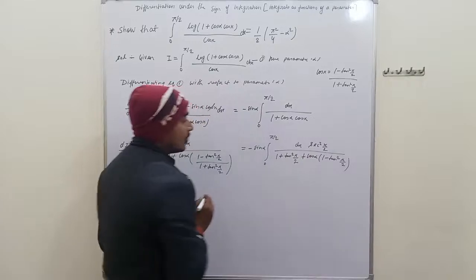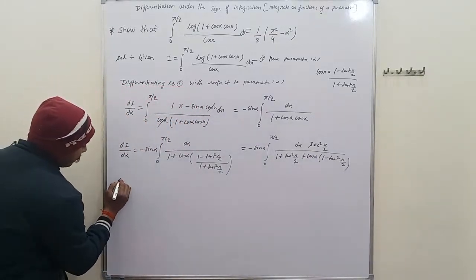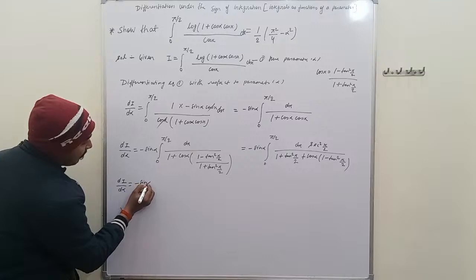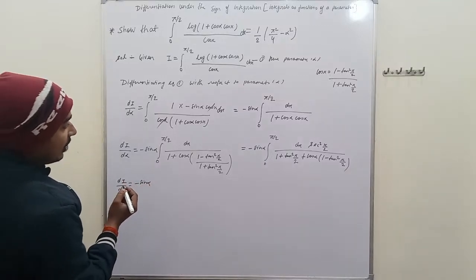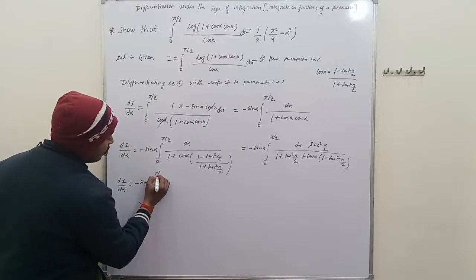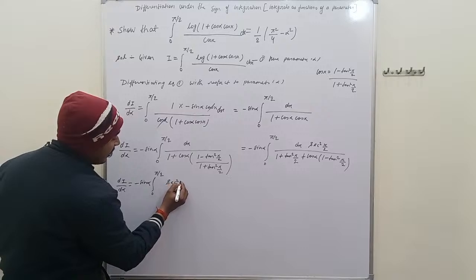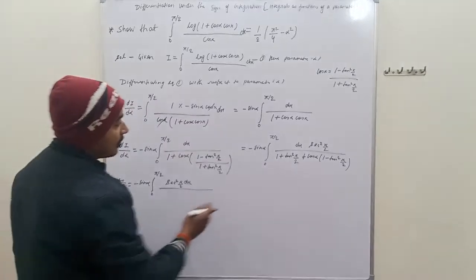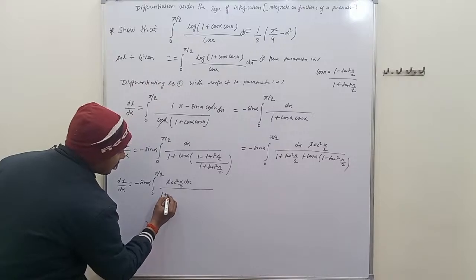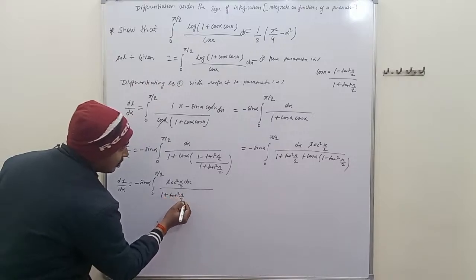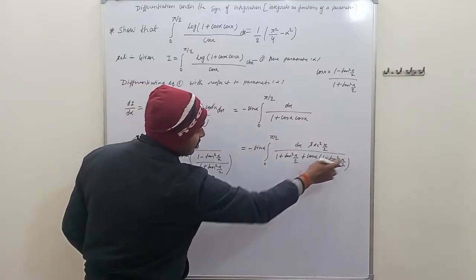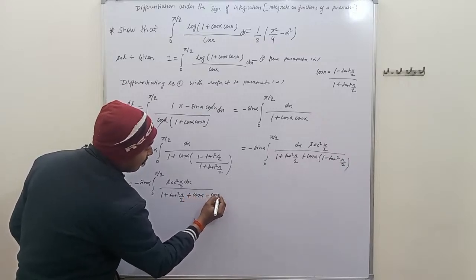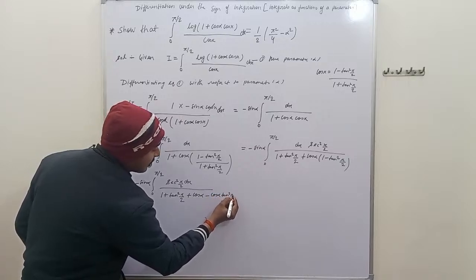So dI by d alpha is equal to minus sin alpha, integral from 0 to pi by 2 of sec square x by 2 dx upon, once again, (1 plus tan square x by 2) plus cos alpha multiplied into the bracket, that is plus cos alpha minus cos alpha into tan square x by 2.